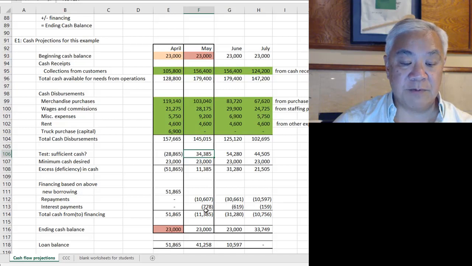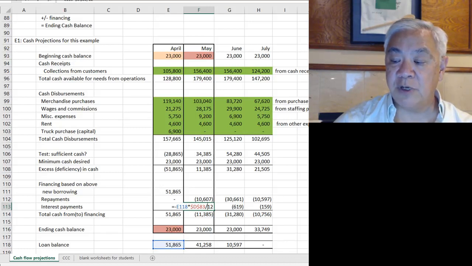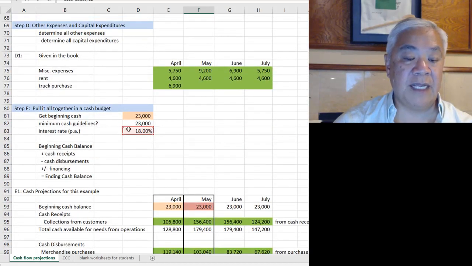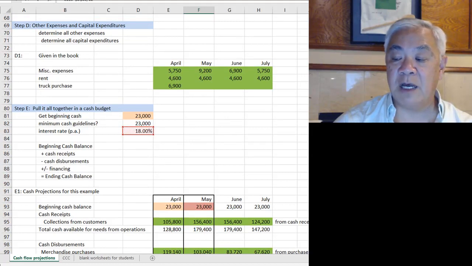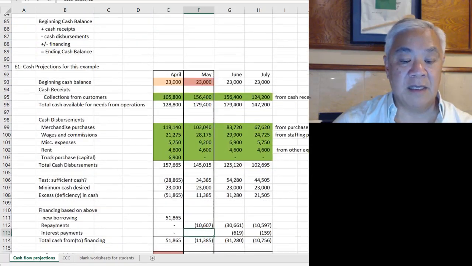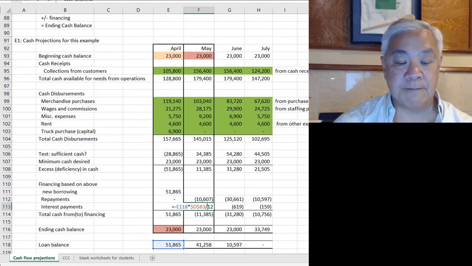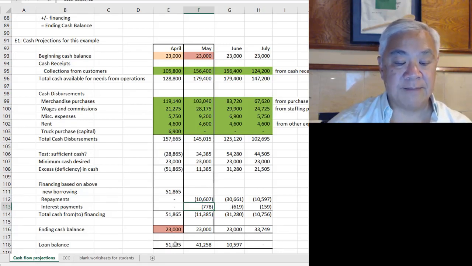So what we're going to do is pay the interest. Interest equals the loan balance right here, 51,000, times the interest rate per year, which we're given up here at 18%, divided by 12 because it's 1 month. So this number here, the 778, represents the amount of interest we pay for 1 month at the 51,000.